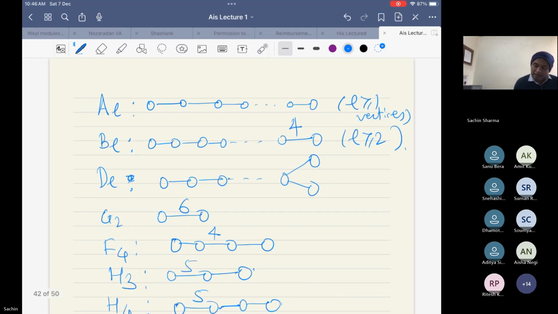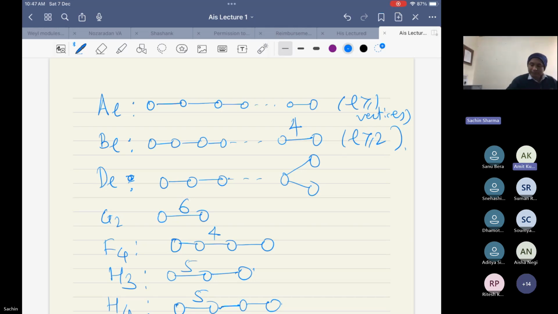If one knows the Lie algebras, at least the classical ones, you will see that one case is missing here. Which one is missing? CL. Yes. And why is that so, Amit?